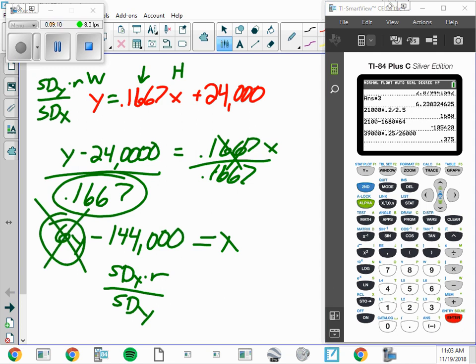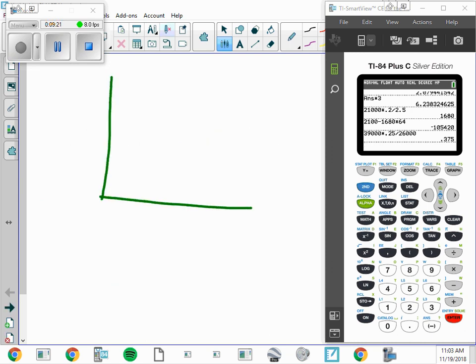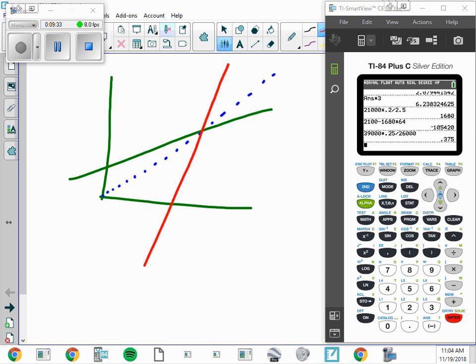Interestingly enough, when you invert a line, you actually reflect it across the line y equals x. So this is just kind of a side note. So let's say I have that first equation. What we did to invert it, you take the 45-degree line, and then inverting it's going to look like that. Okay?